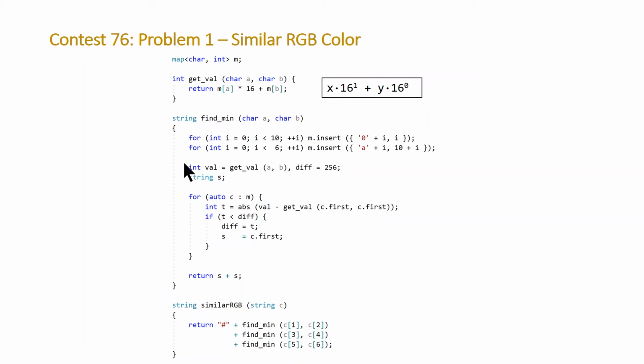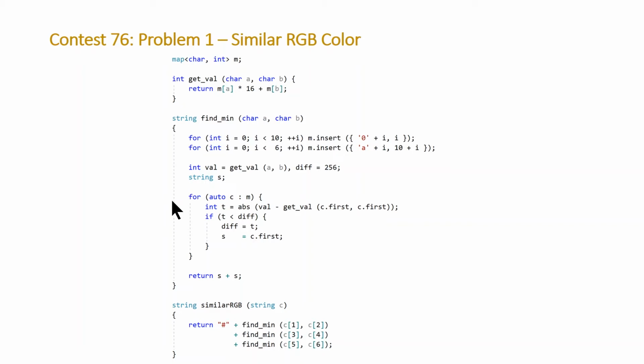And so we come down here, we set up the value of our current 2 characters by passing them in, and then we initialize this difference equal to 256, because we know that's going to be the maximum difference between two digit hexadecimal numbers. And then we initialize our string S, which is what we're going to return at the end of the day.